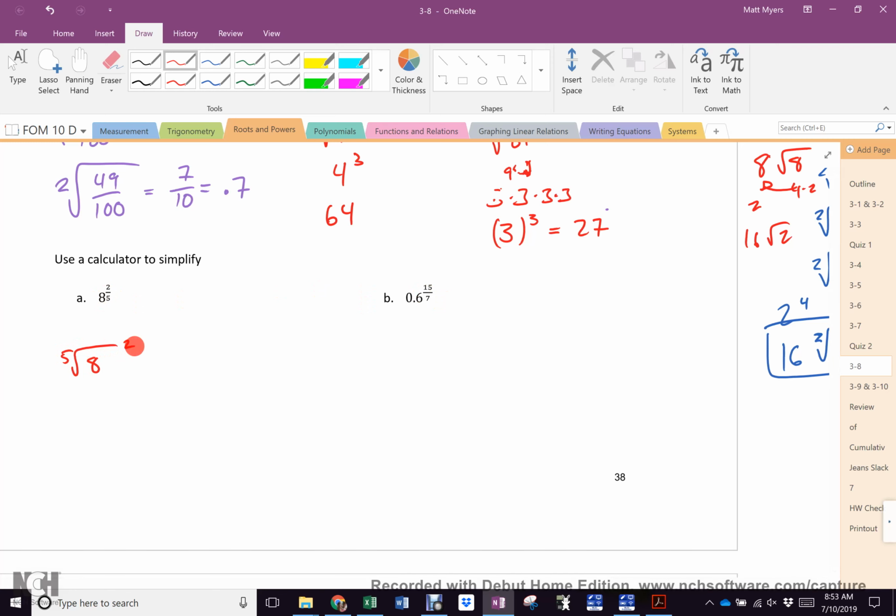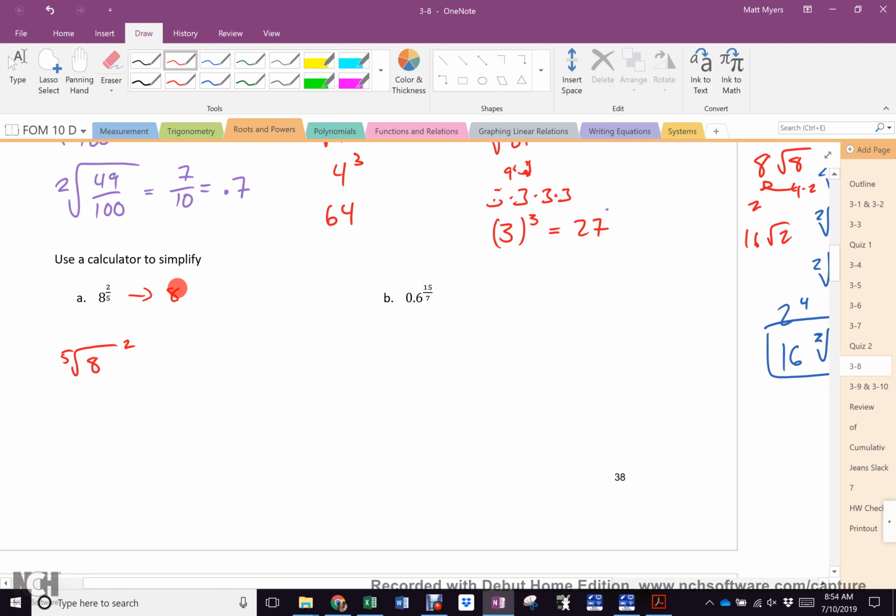Does 8 have a 5th root? No, the biggest root 8 has is 3, right? Because the cube root of 8 is 2. So it doesn't have a 5th root, does it? So this, we cannot get. It's irrational. So we have 2 options. 1, in real life, we use a calculator.